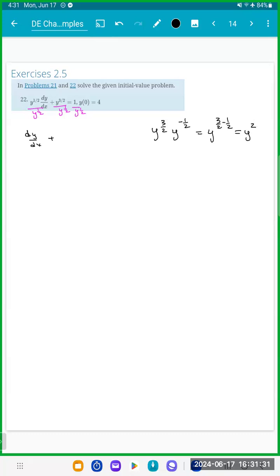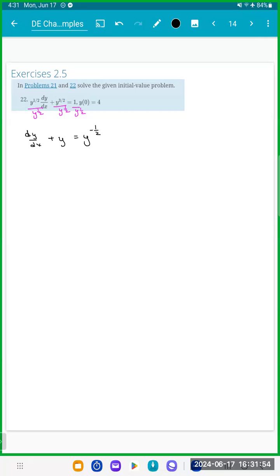I mean, not y squared, it's 2/2, which is y to the 1. Okay. So that is why we will have here just y. And then this is y to the negative 1/2 because we're just bringing it up to here, right?